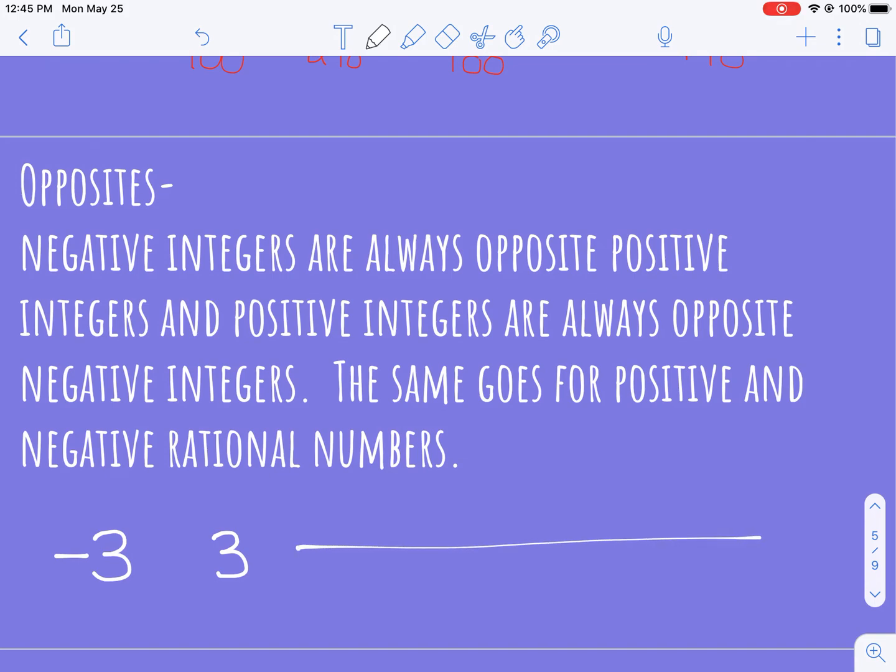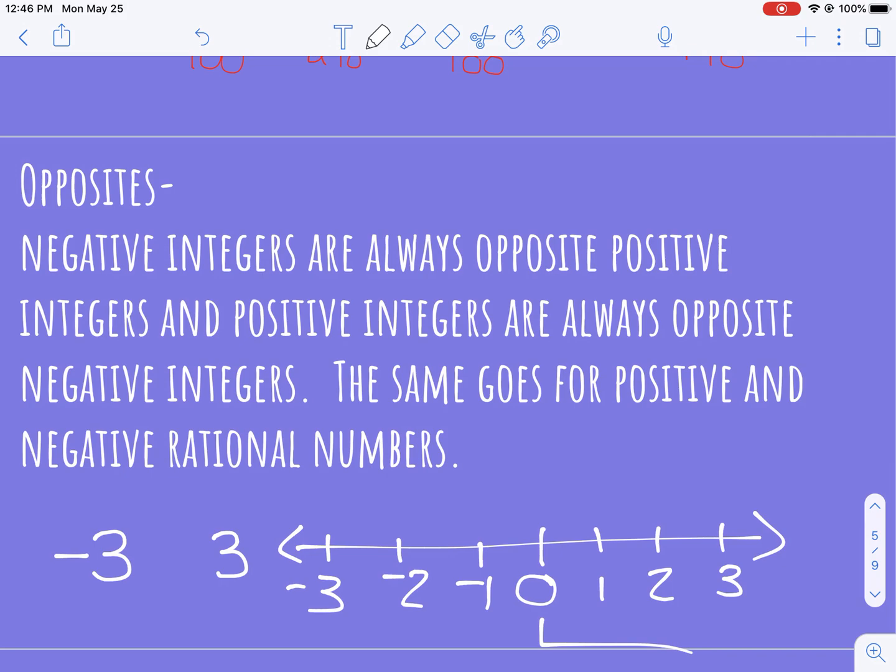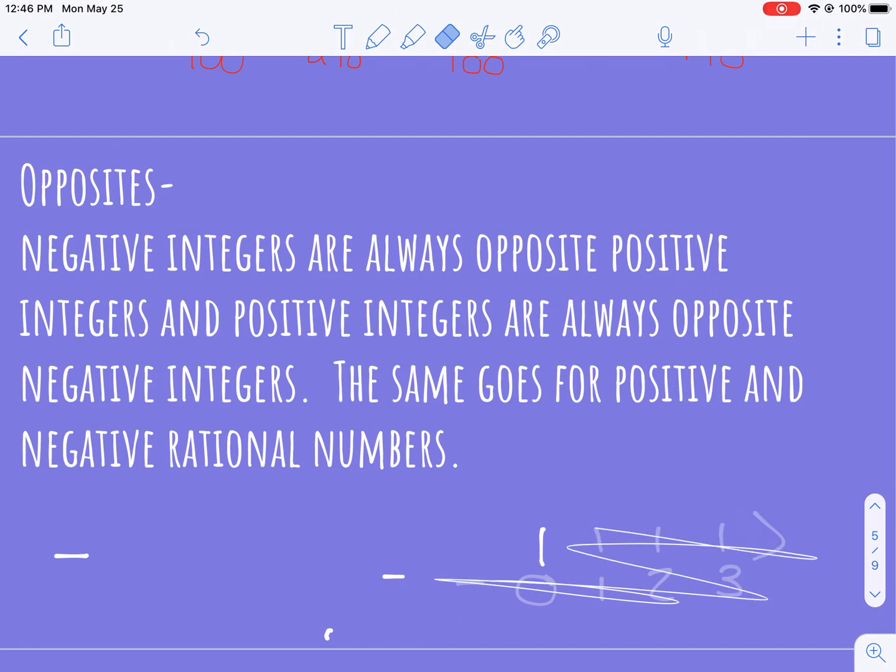And if you think about it on a number line, which I'll show on the next slide, negative 3 is a distance of 3 away from 0. So the number that is 3 away from 0 on the right of 0 would be positive 3. So positive 3 is a distance of 3 away, and negative 3 is a distance of 3 away. So that's what we're thinking about when we're thinking about our negative opposites and positives.